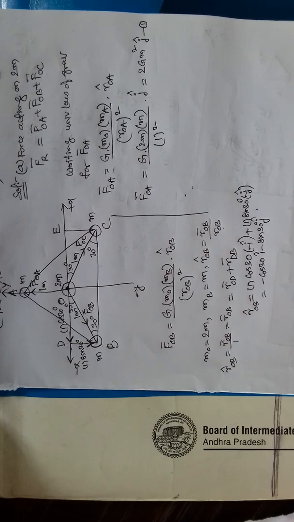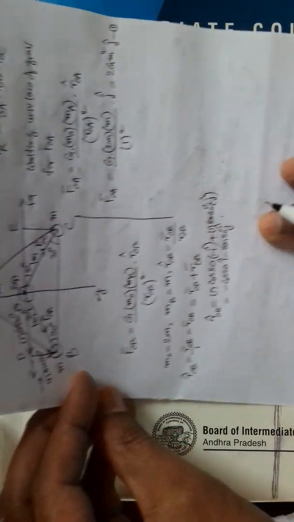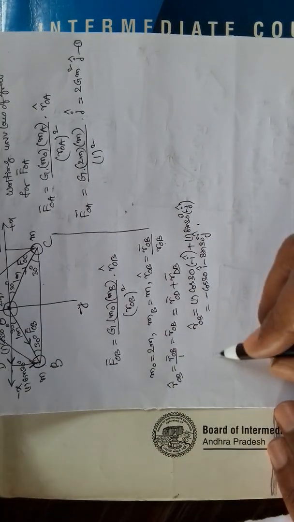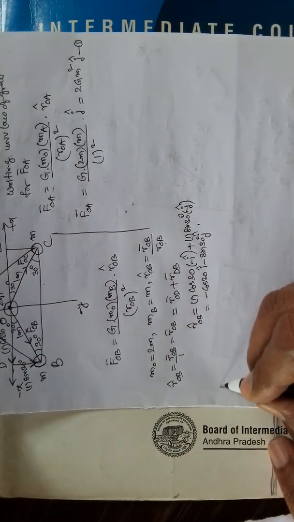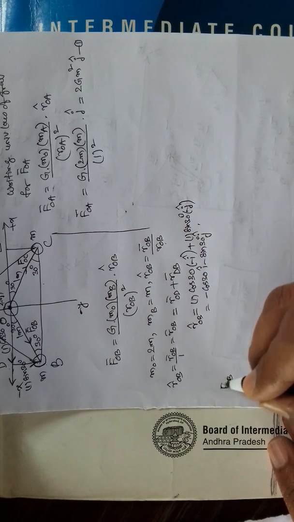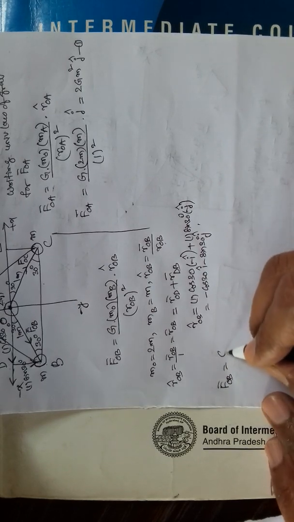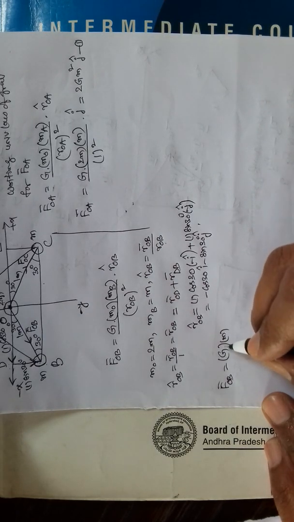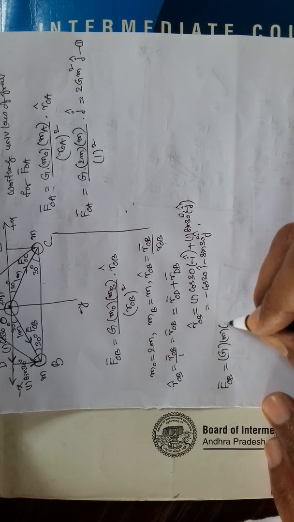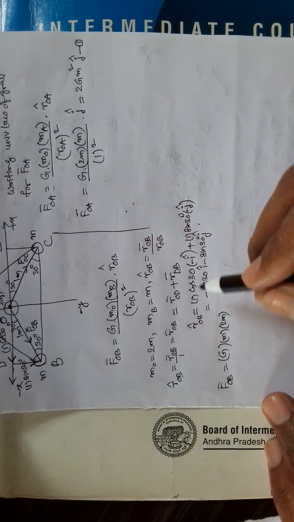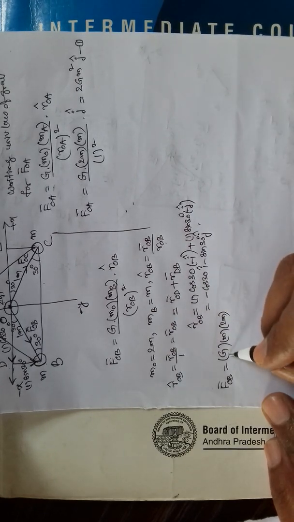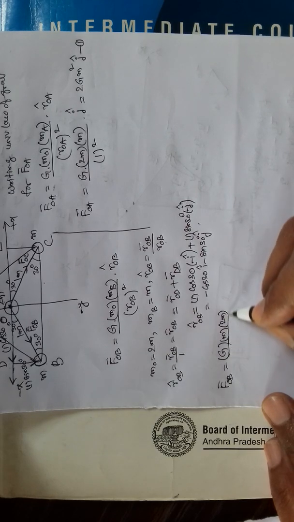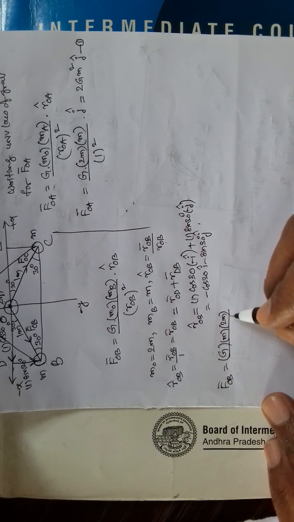So substituting these values in this, F OB is equal to G, capital G, MO is M, MO is 2M and MB is M divided by ROB square.